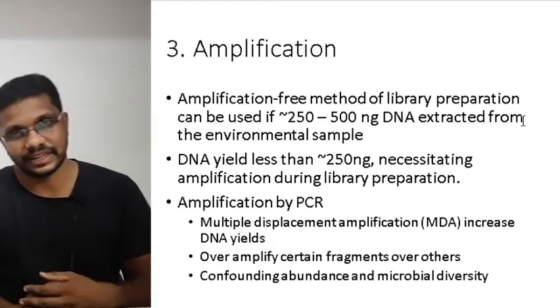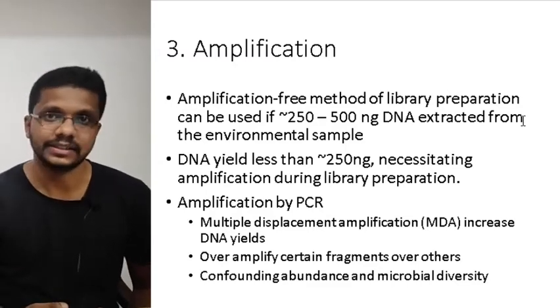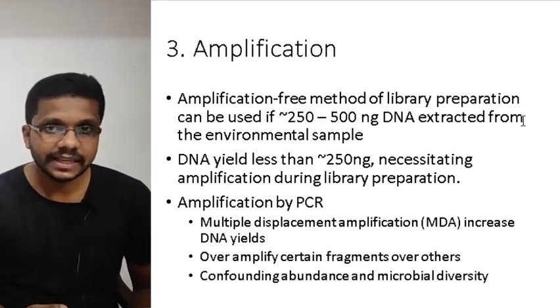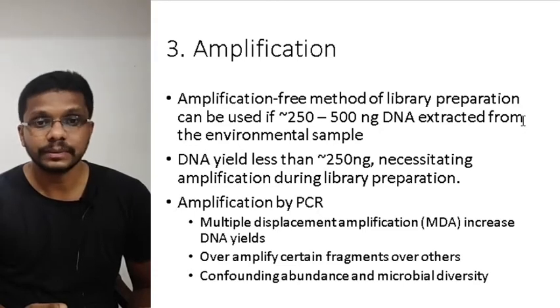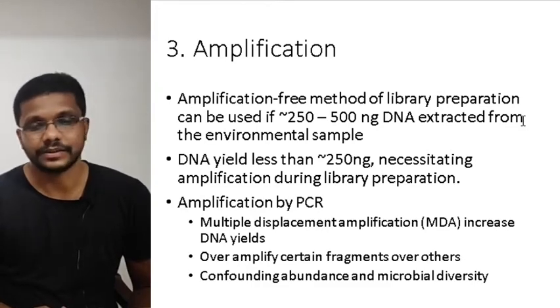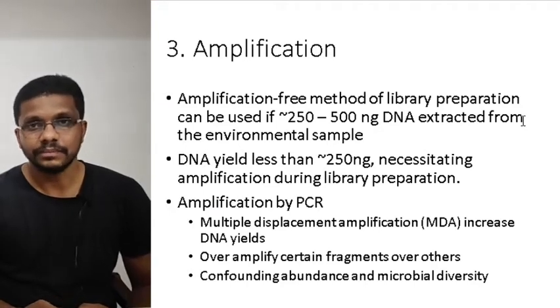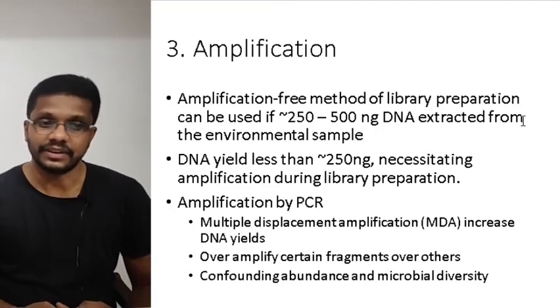Next step is amplification. Amplification is not necessary for all types of DNA extraction and metagenomics. If the DNA concentration is above 250 nanogram, the DNA can be directly used for library preparation or sequencing. But if the yield of DNA is less than 250 nanogram, we need to do the amplification.